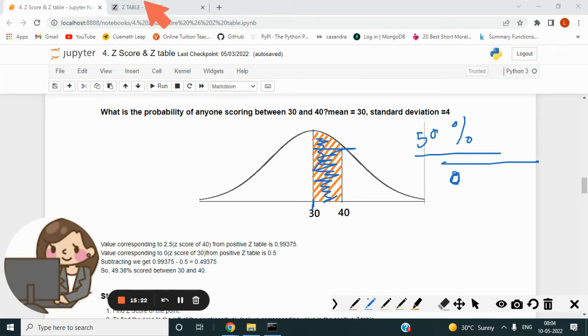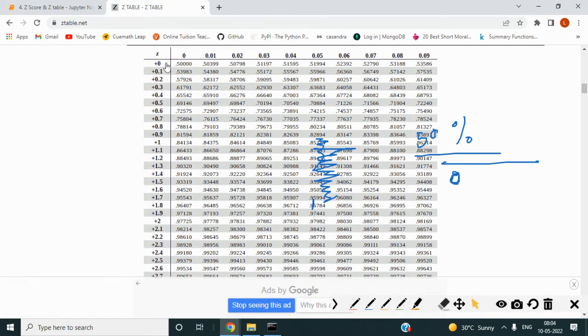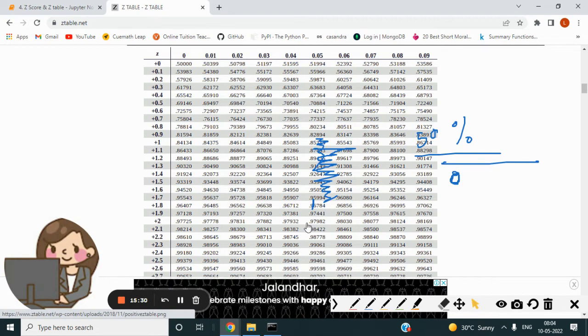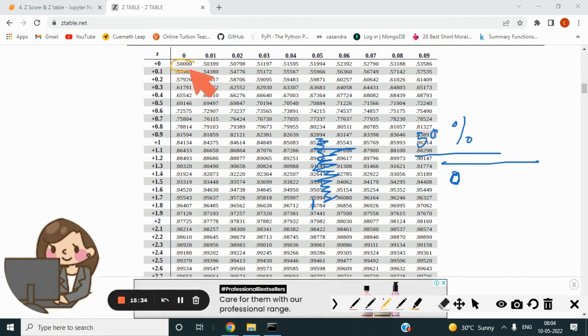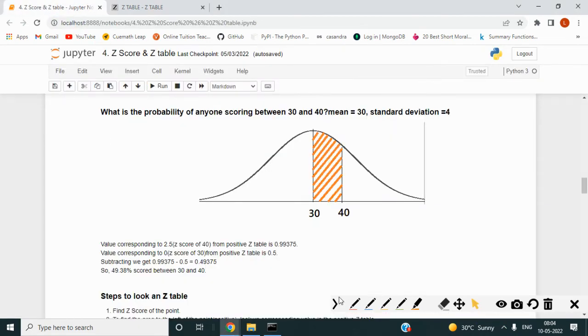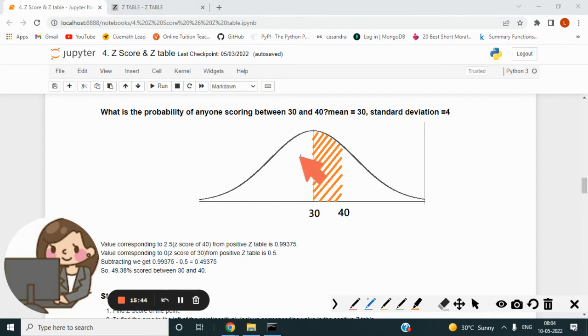And if you check the z table over here, for 0 it is 0.5. Okay, 0.5 means it is 50 percentage, right? So we know that the area below 30 is 0.5.